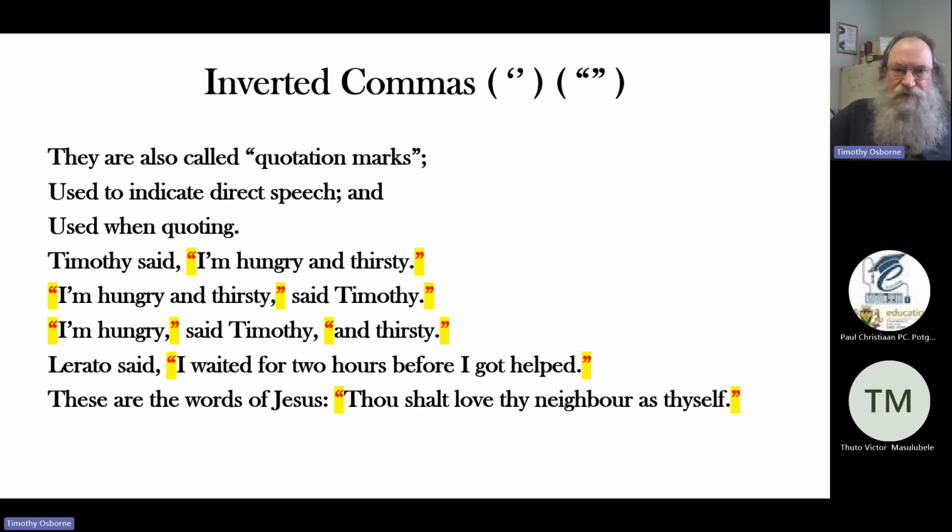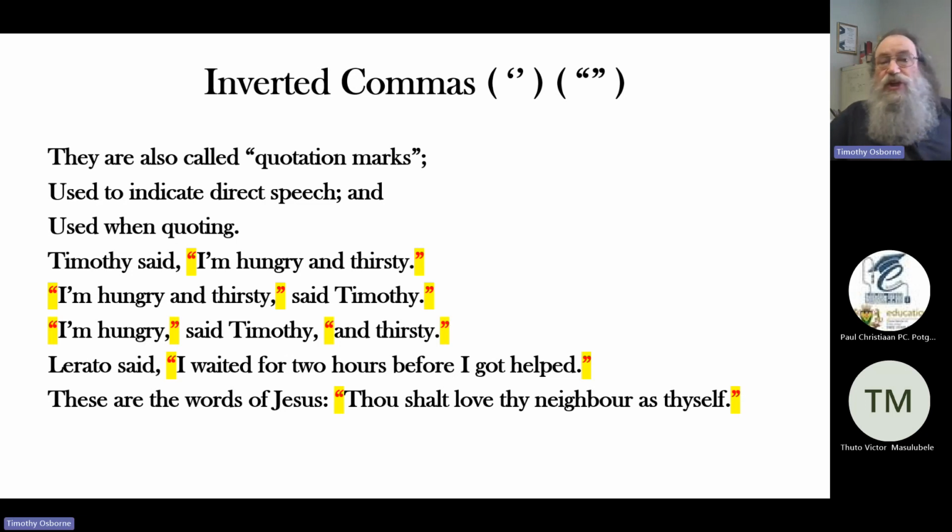When we type, however, we normally use single inverted commas because it's just simpler, shorter, and it's perfectly clear. They're completely visible. But for handwritten stuff, I strongly recommend the double ones. They stand out more clearly.